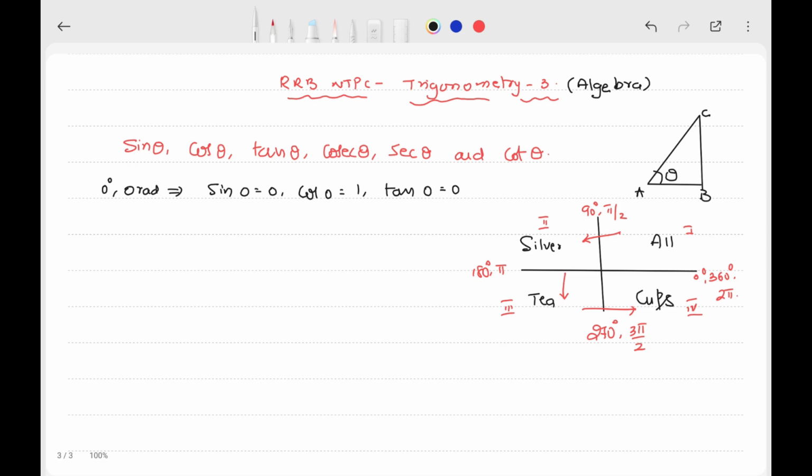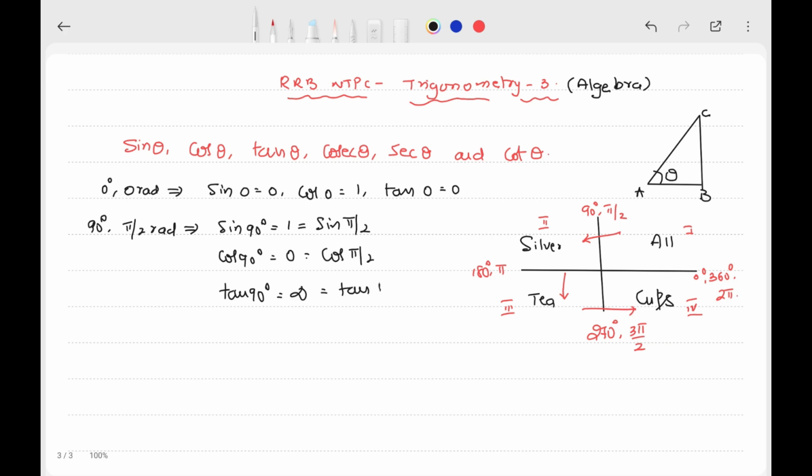For 90 degrees or pi by 2 radians, please see this, sin 90 in degrees is 1. The same can be written as sin pi by 2 when the angle is taken in radians. Then cos 90 is equal to 0, that is cos pi by 2. Then tan 90 is equal to infinity, that is tan pi by 2.